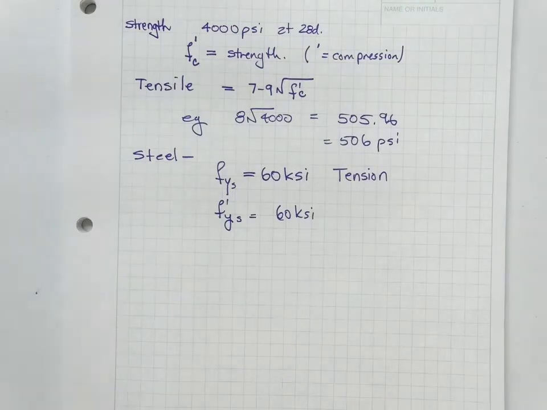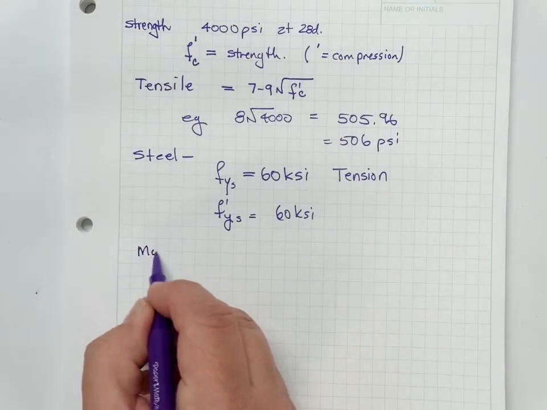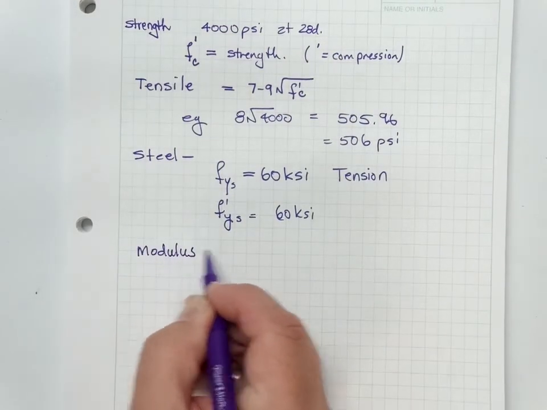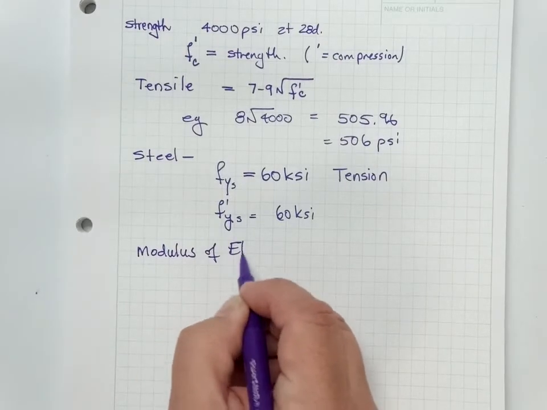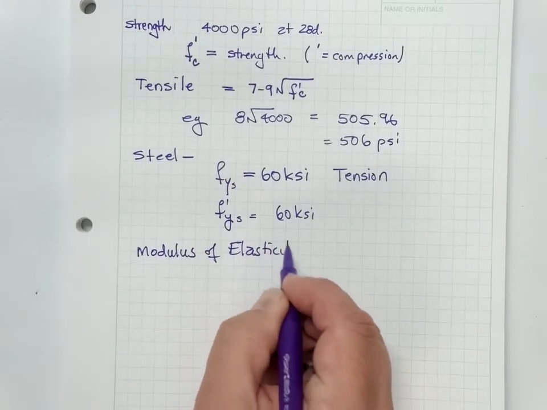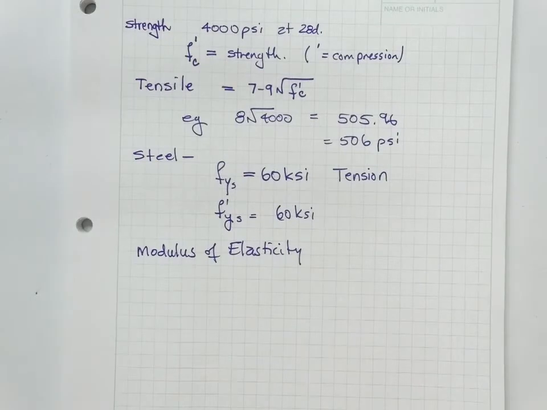How about the elastic modulus? Do you remember the modulus of elasticity? Someone give me the definition. So in the elastic range, the modulus of elasticity is the ratio between the stress and the strain.